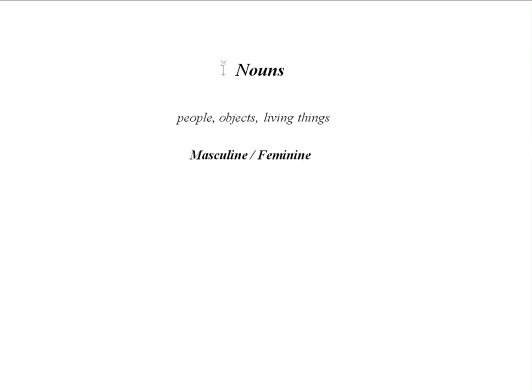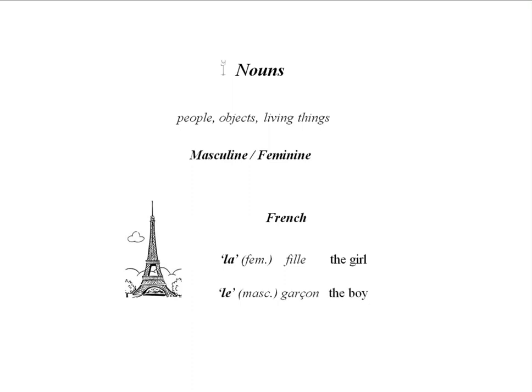You would be familiar with a similar convention in French. For example, you would have the article la, which is feminine, for la fille, meaning the girl. And also the article le, for le garçon. Le is masculine, for the boy.